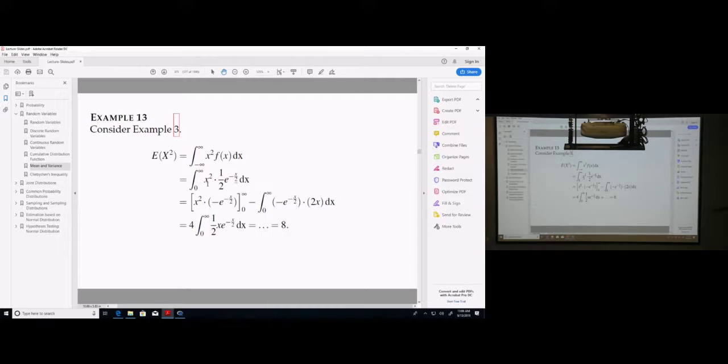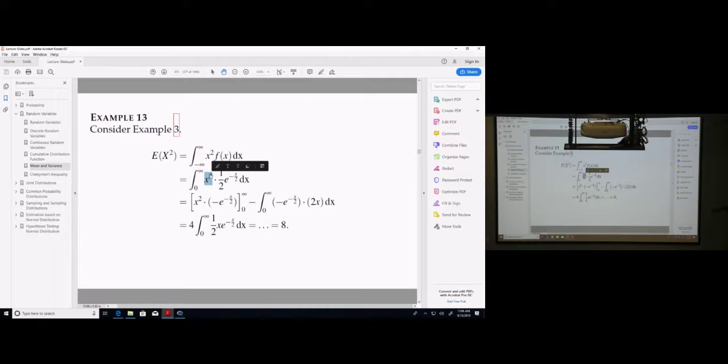Now here you have to really do the integration by parts twice, because each time you will reduce the power here. When you do the integration by parts, integral u dv is equal to uv minus integral v du. So you will differentiate x squared. When you differentiate x squared, it will come out as an x.